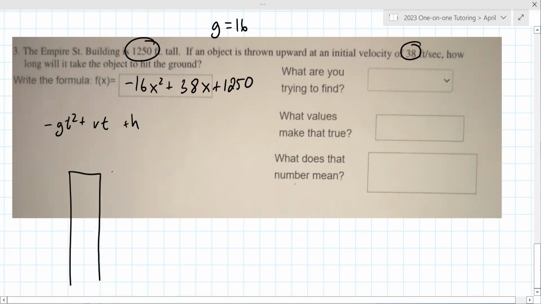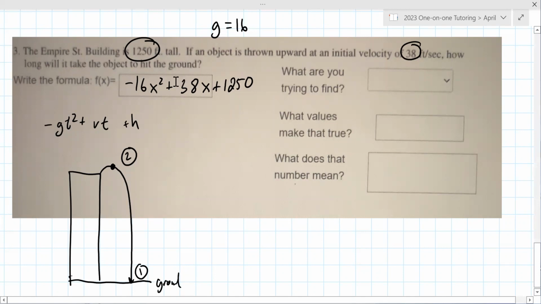Now we've not seen this yet, but in all these scenarios, you're always throwing the object up, which is fine. You could throw the object down, but in this case, you're throwing it up, and it hits the ground in this scenario. Typically in these problems, they're either asking you for information at 1 or 2. Okay, so let's read what it says here. How long will it take the object to hit the ground?